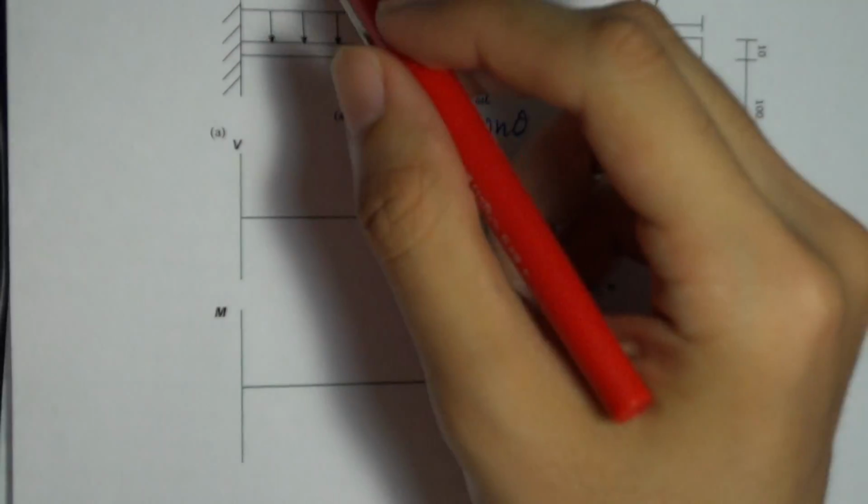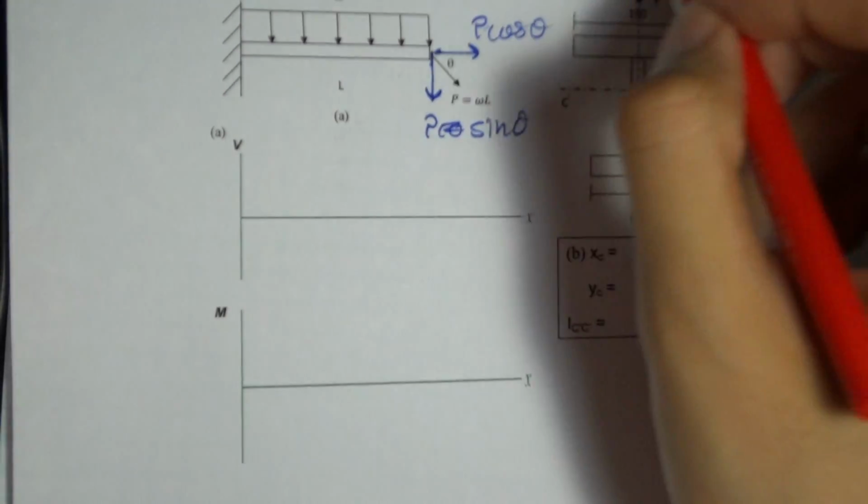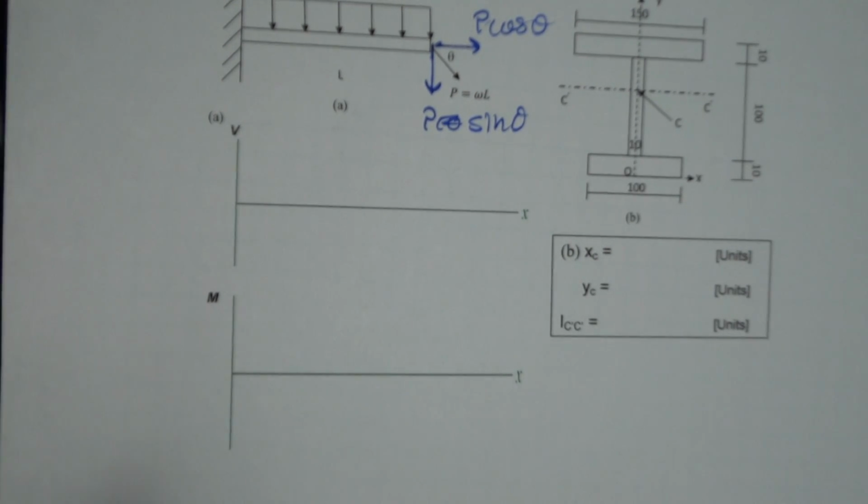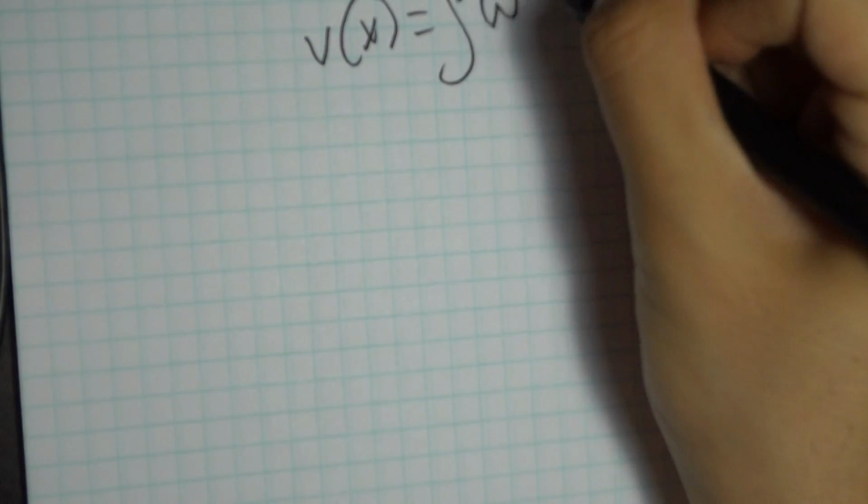I'm not going to go over how you draw the shear diagrams, but I will go over how you get these equations. Okay, so the easiest way to do this, I think, is to always remember that your V of x is just the integral of your distributed load.